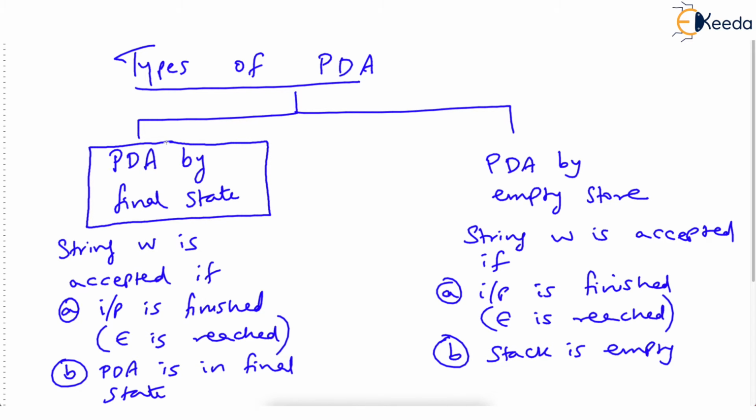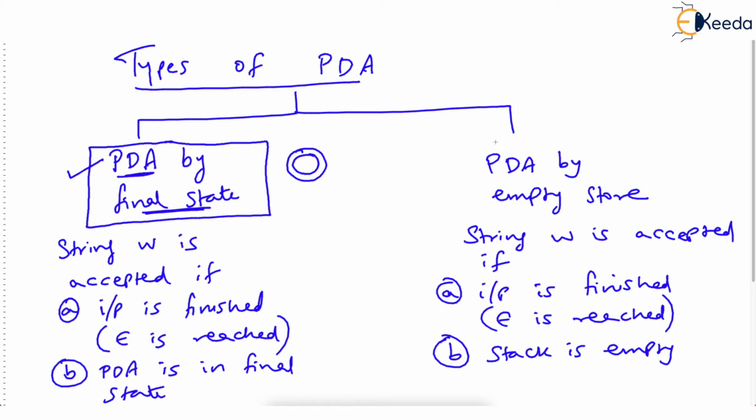This is what we were learning in all these videos, because you recall that in all the PDAs we developed till now, there was a state which was double circled. That means in all these PDAs there was a final state.